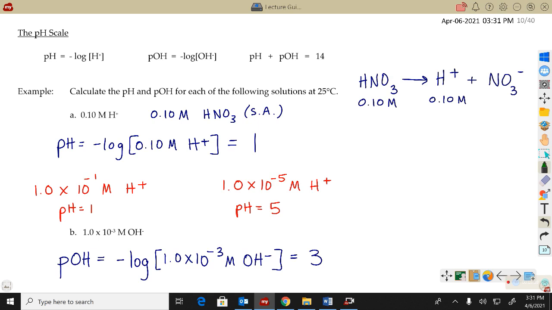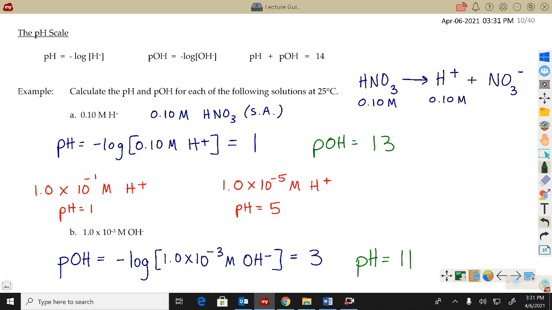So in the example A, if the pH is 1, then I could just say that the pOH would be, drum roll, 13. And I could do something similar with B. If the pOH is 3, then the pH is 11.